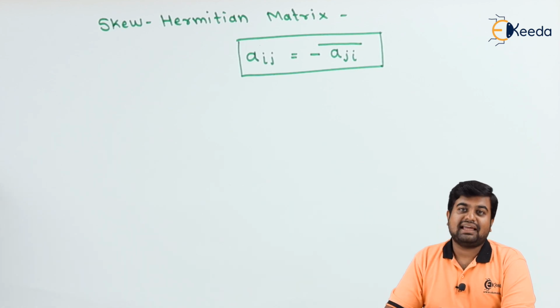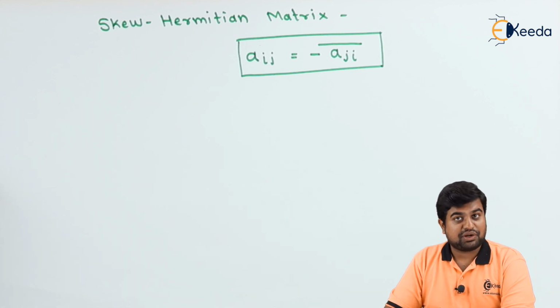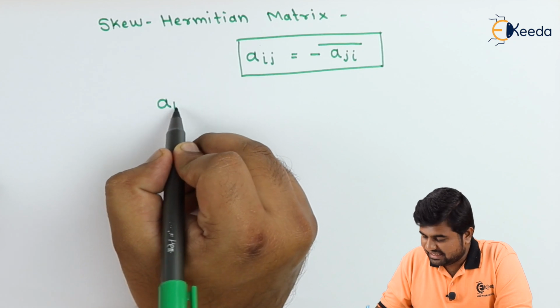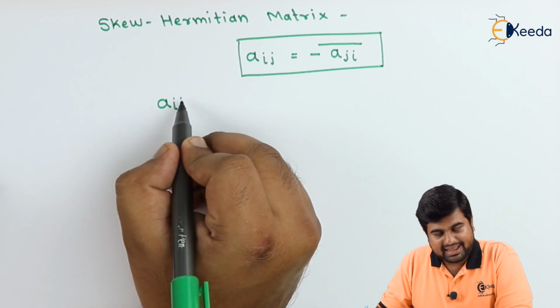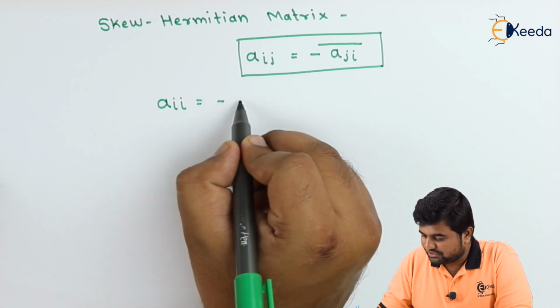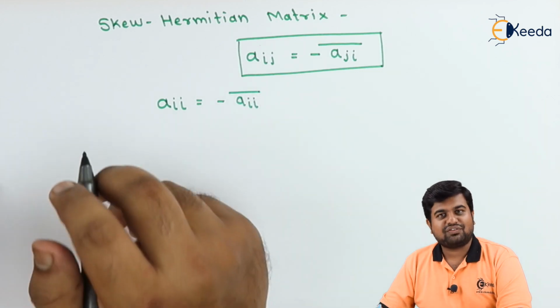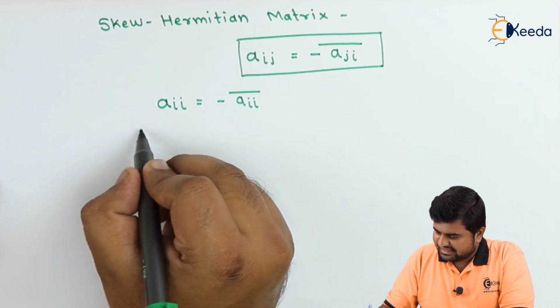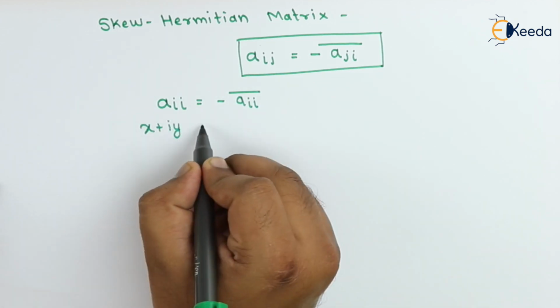As I said, all the diagonal elements are given the priority while constructing any matrix. So let us focus on the same. For diagonal elements, i is equal to j, so aii is equal to minus of the conjugate of aii. So let us take aii as x plus iy.